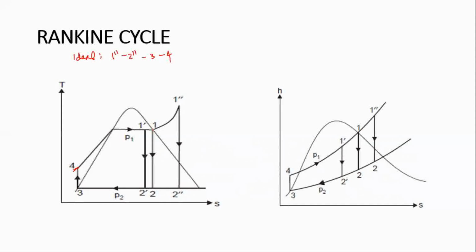Kasi yung point 1 naging saturated vapor. Ito naman, wet steam ang dumadaloy kasi yung point 1 prime niya is wet vapor mixture. So ideally, condition ng steam at 1 double prime should be SHV, superheated vapor. Ito should be wet vapor mixture. Point 3 should be saturated liquid, and then ito ay compressed liquid, no?